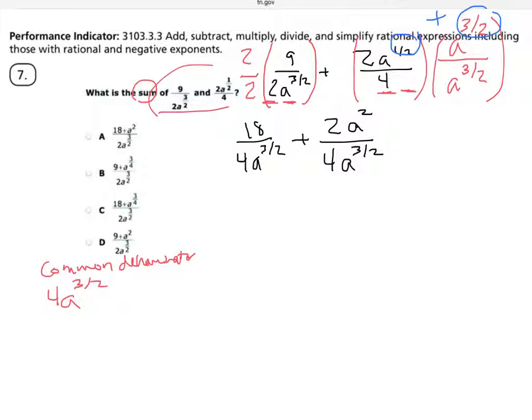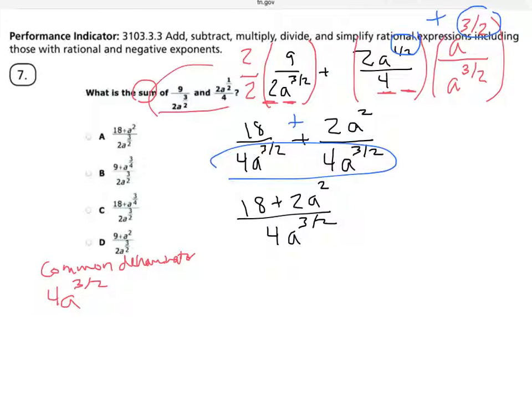Now that I have a common denominator here, I can add the tops of the two fractions. But they're not really like terms, so they would just go like 18 plus 2a squared all over 4a to the 3 halves. When I look at my answer choices, I notice that the denominators say 2a.